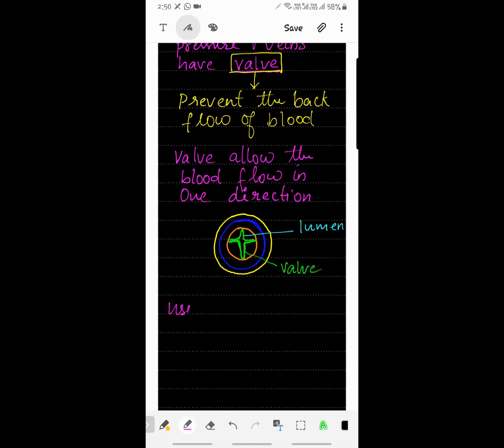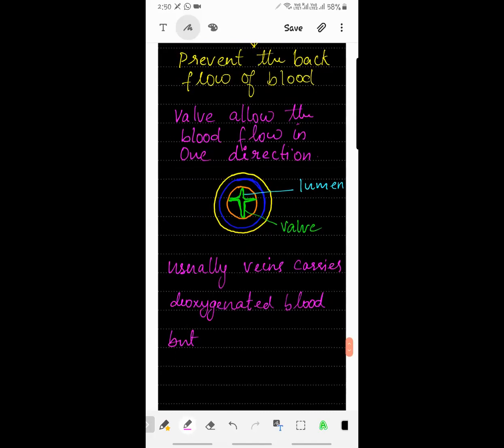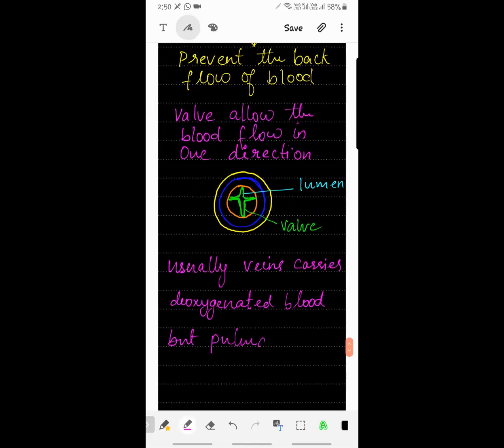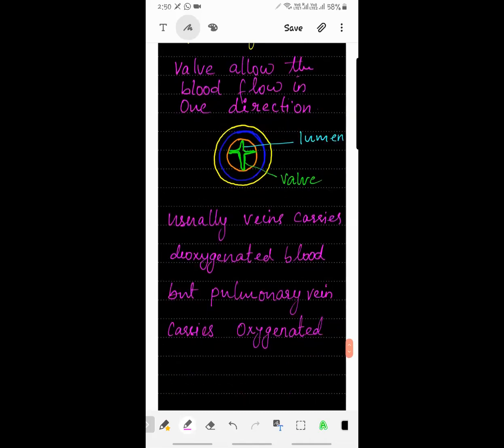If you see, usually a vein carries deoxygenated blood, but the pulmonary vein carries oxygenated blood.